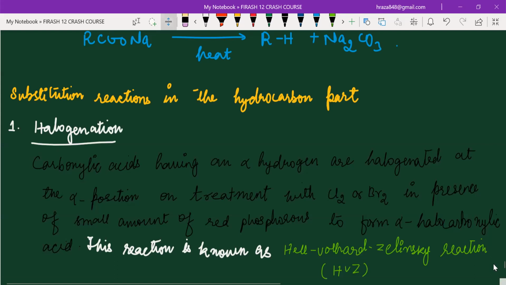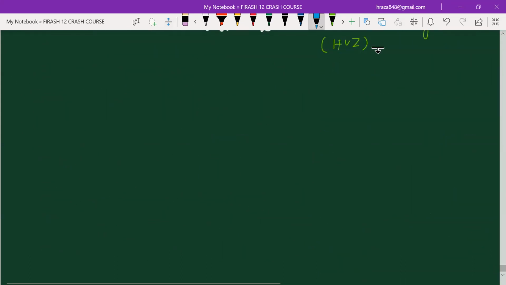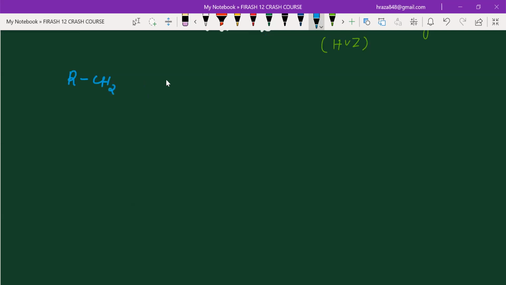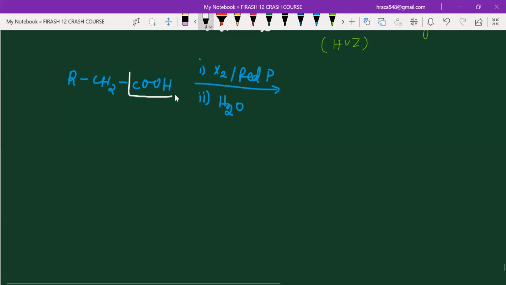You just need to find the alpha hydrogen and replace with either chlorine or bromine, whatever is given. So as you can see, this is your carboxylic acid, and you are going to react this with X2 slash red phosphorus and in the second step we are going to hydrolyze it. Then you can see this is your main functional group.